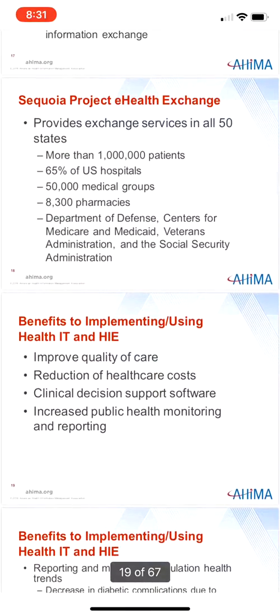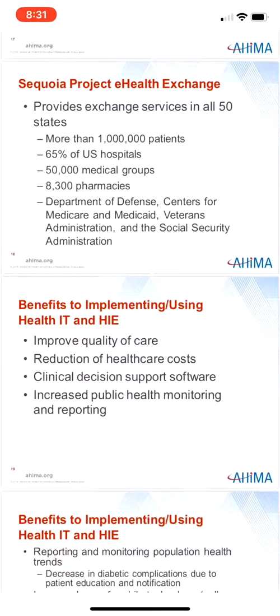All right, so let's talk about benefits and barriers. The way this is laid out, I may read through some of these. I'm not going to read through all of these.